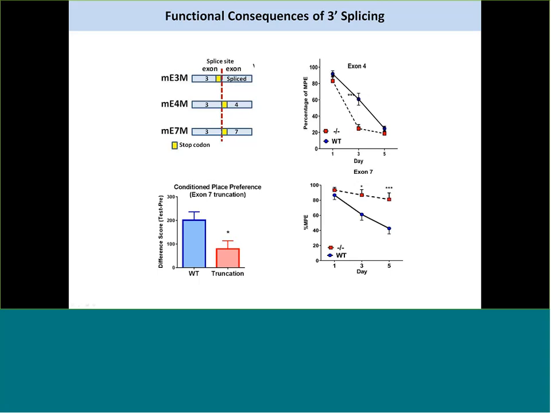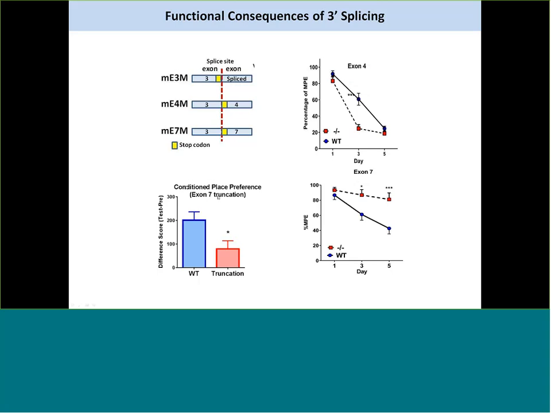So this would suggest that the exon 4 variants are important in maintaining opioid action. And it's interesting, since there's a recycling sequence in those 12 amino acids that we lost with this animal that restores the receptor back to the membrane. And exon 7 appears to be important with regards to tolerance in the opposite way.